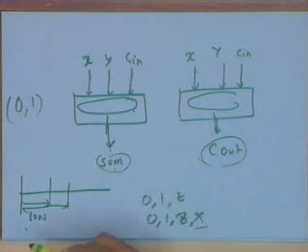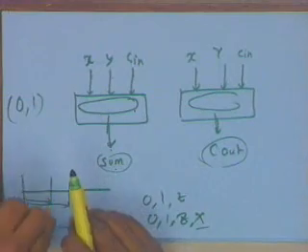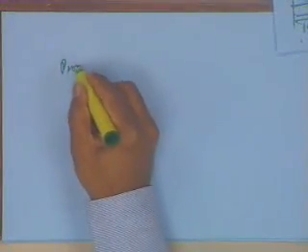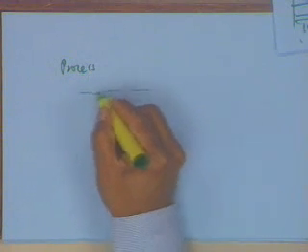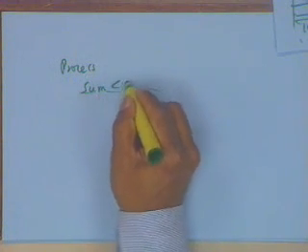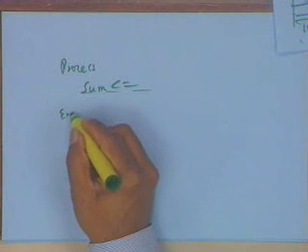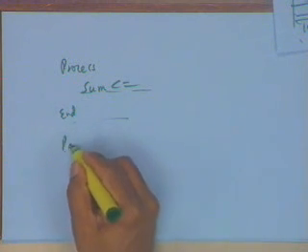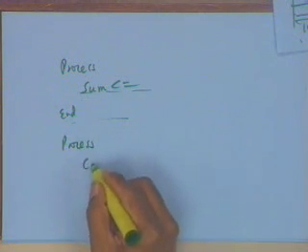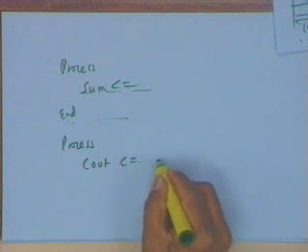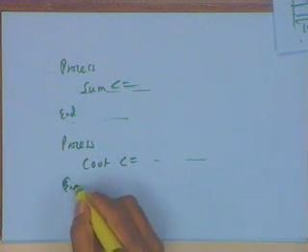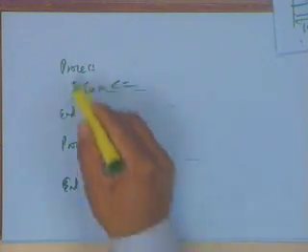These are concurrent statements, and they are equivalent to defining a process with sum, and I will talk of the semantics later, and another process with C out. So this is equivalent to these two concurrent statements.